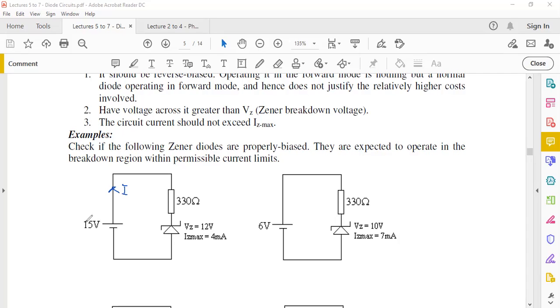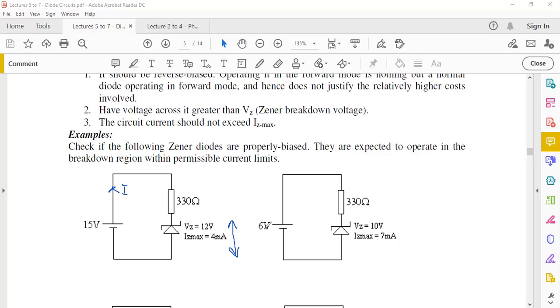And whenever you have a voltage applied across the Zener diode which is more than 12 volts, it would not allow the potential difference across it to exceed 12 volts. We can see that on the characteristic curve for the diode.